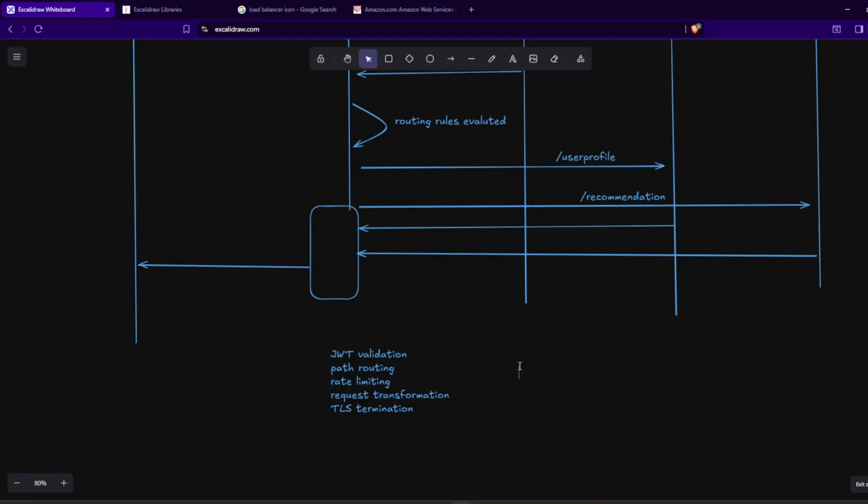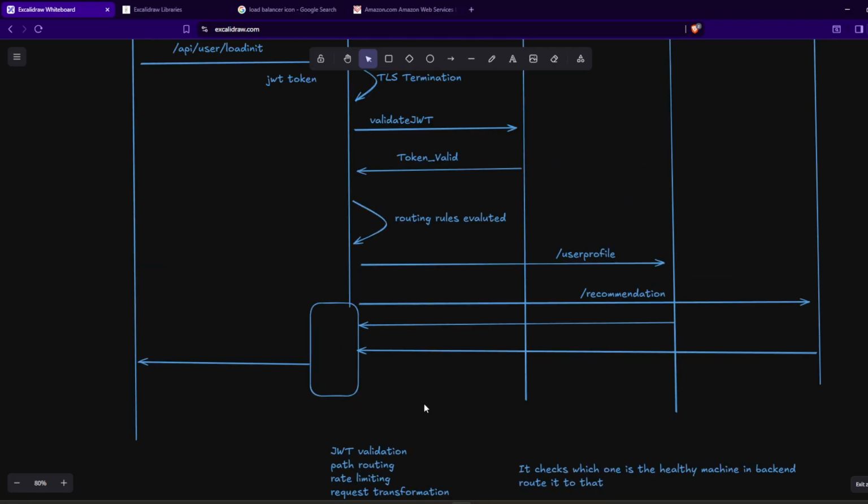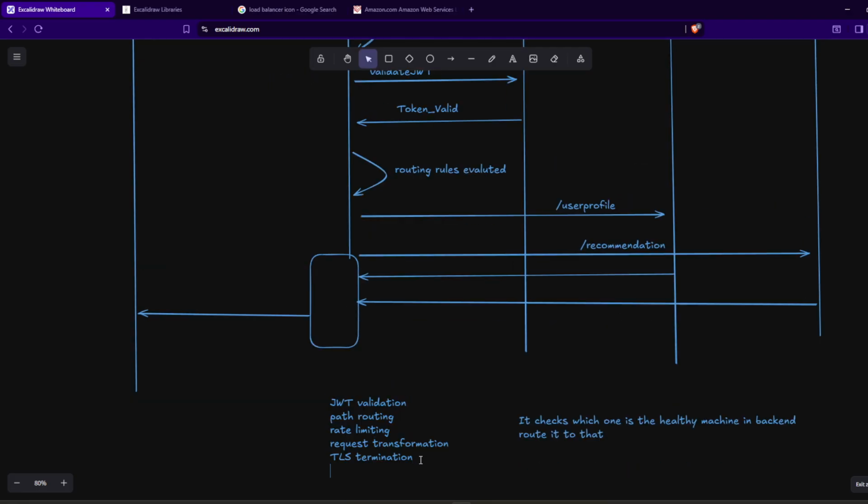So what the load balancer does, at a broader level, when we see it as a real world component, is check which is the healthy endpoint, the healthy machine in the backend, and route to that. So those health checks are also part of this.